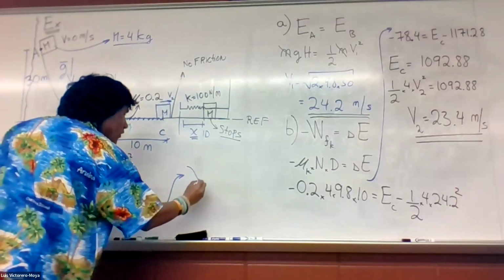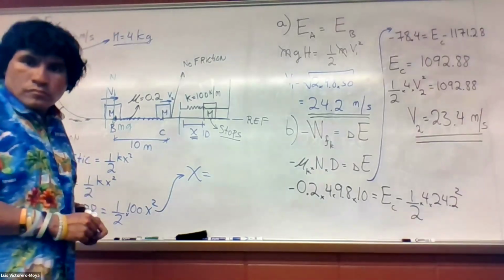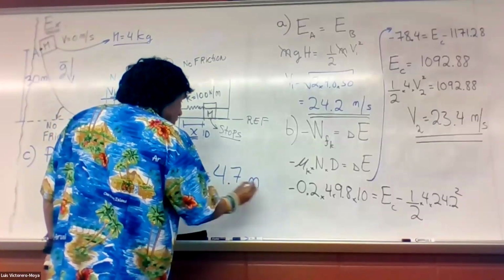So what do you get for x? 4.7. Yes, that's the answer. Meters. So yeah, there you are.